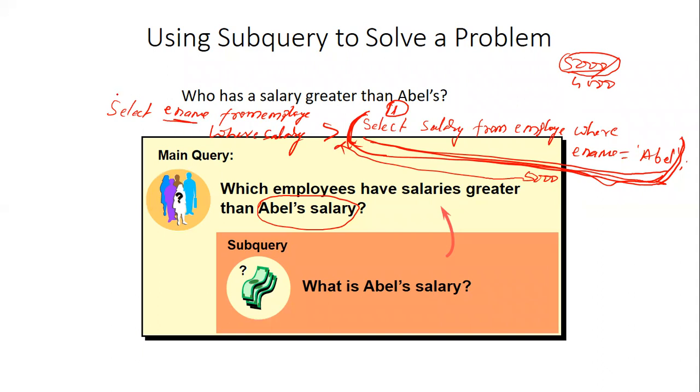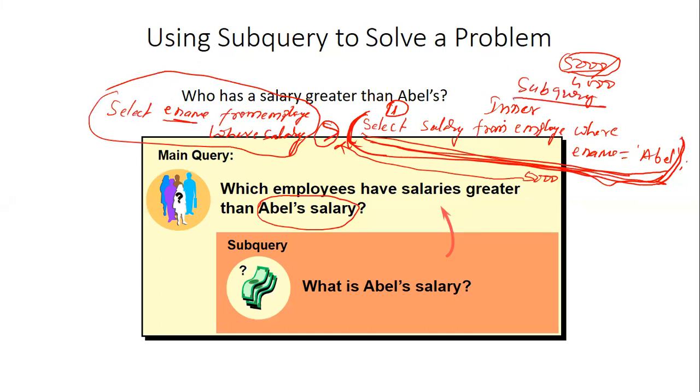So this is another query that we have written. Here we have added a comparison operator to compare against the value returned by the inner query. This is called the inner query, or subquery.